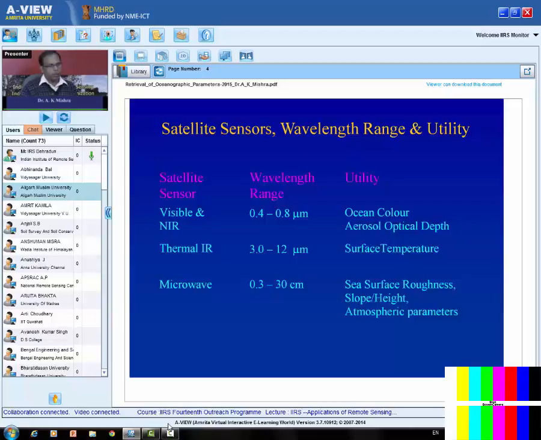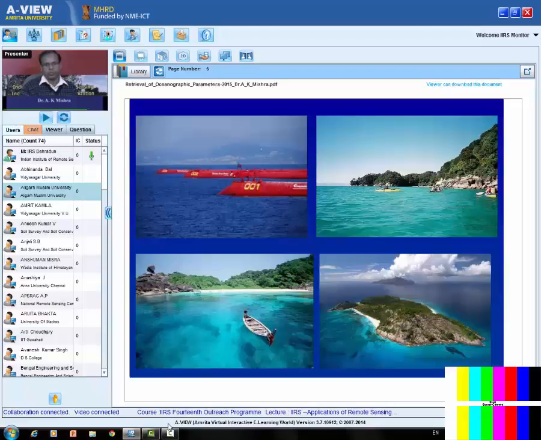And thermal infrared, which ranges from 3 to 12 micrometer, is useful to retrieve the sea surface temperature. And the microwave part, which is in the wavelength range of 0.3 to 30 centimeters, where we are getting sea surface roughness, slope and height information, and other products are atmospheric parameters, which I am not covering.